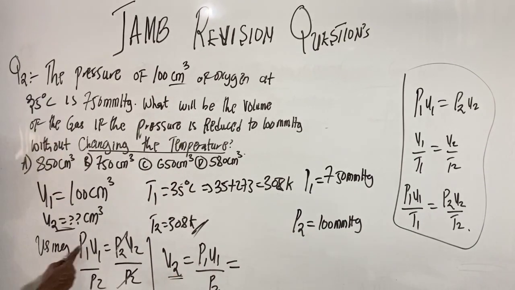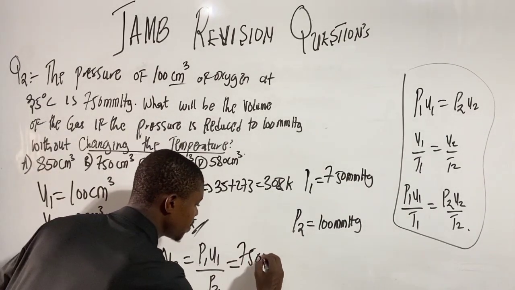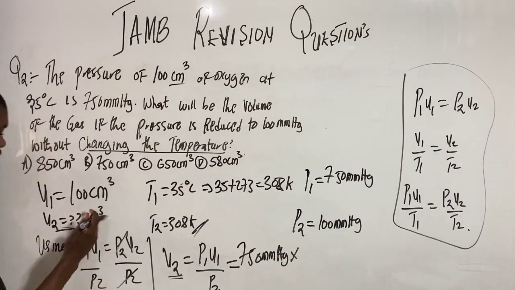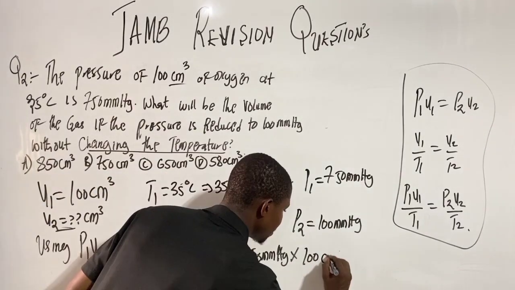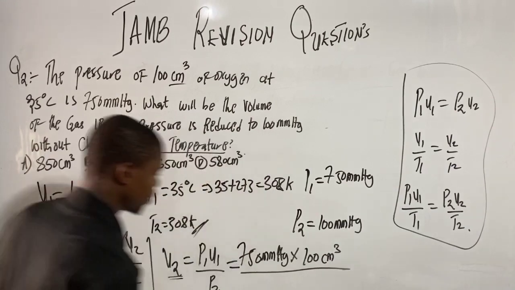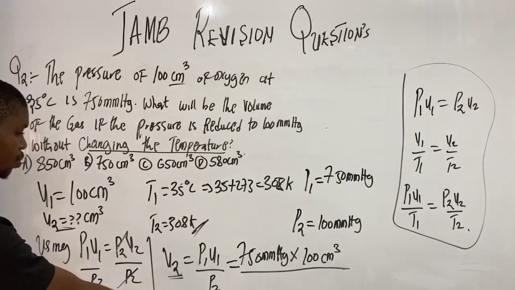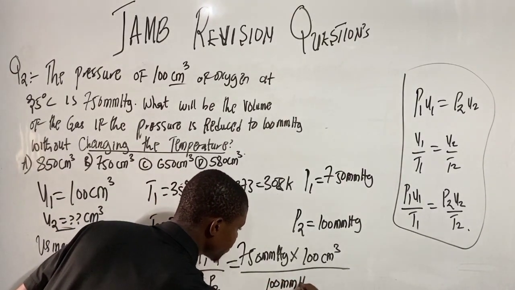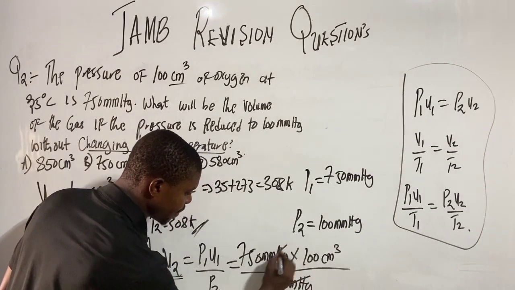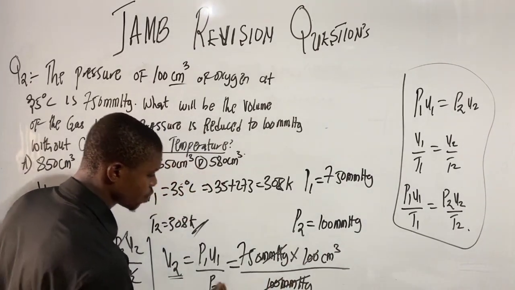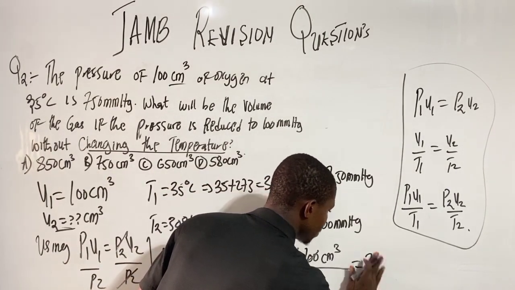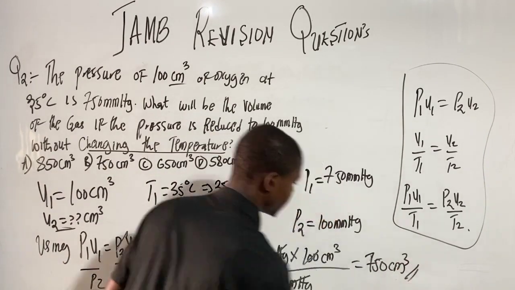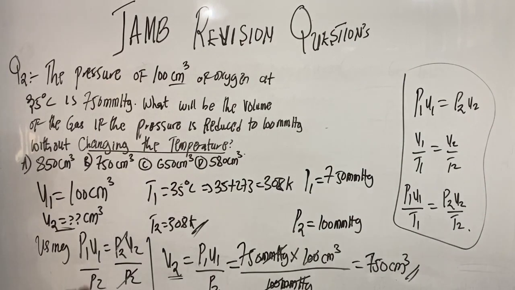My P1 is 750 millimeter of mercury times my V1, which is 100 centimeter cube, over my P2, which is 100 millimeter of mercury. Millimeter mercury cancels millimeter mercury, right? 100 cancels out 100 here, right? What will be left is 750 centimeter cube. So the option here is B.